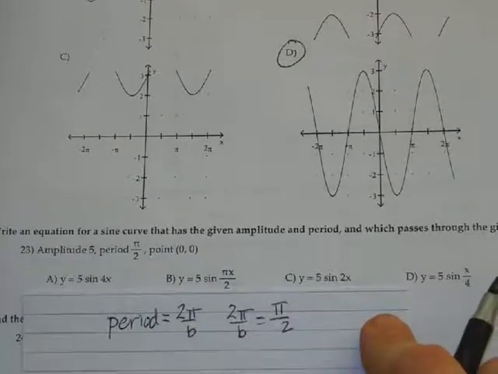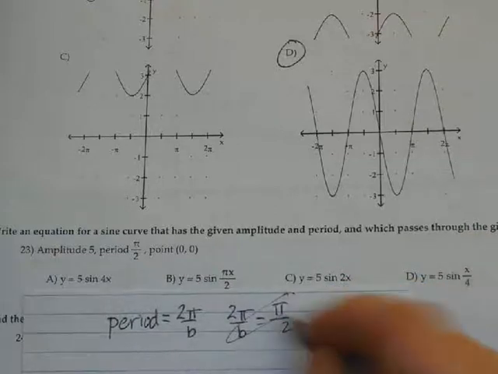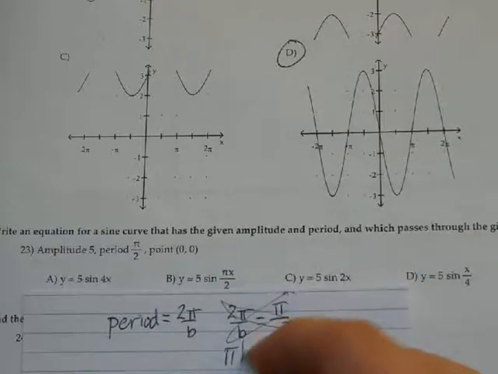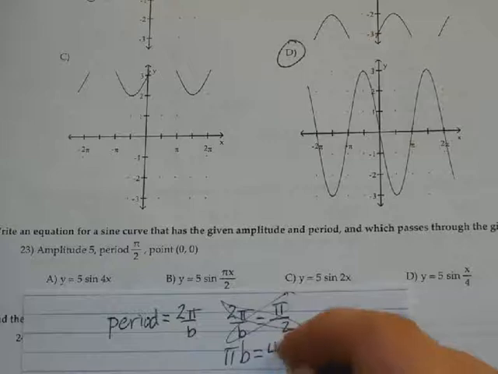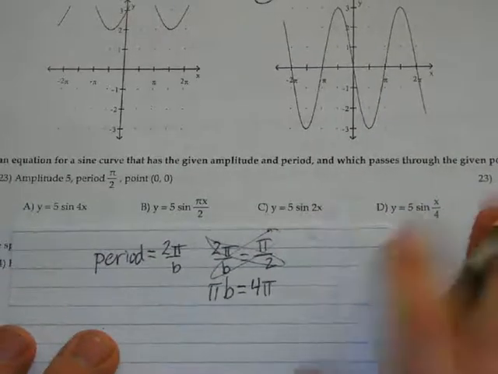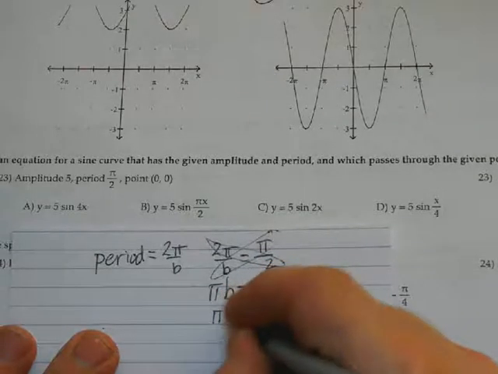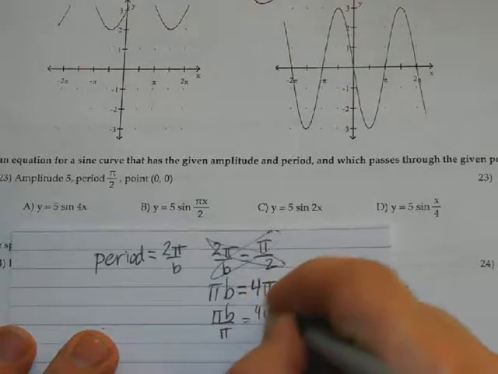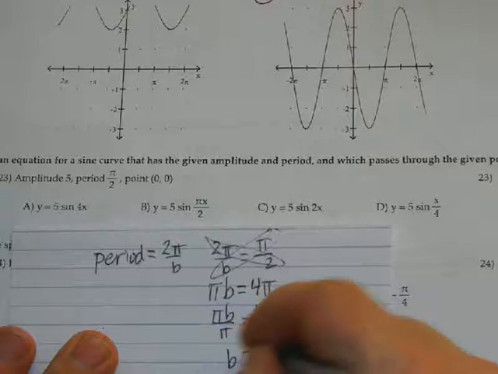And then we need to solve for b. So pi times b equals 4 pi. We'll divide both sides by pi, and we get b equals 4.